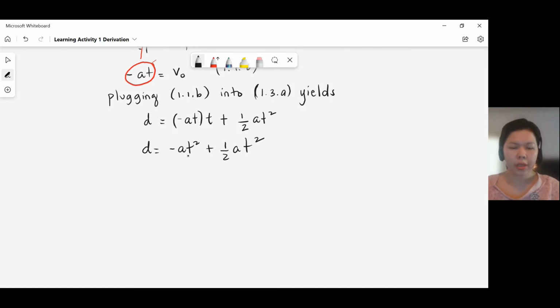Negative AT squared is just like negative 1 AT squared plus 1/2 AT squared. So we can combine the two terms. It will now become negative 1 plus 1/2, it's negative 1/2. Thus, this will become negative 1/2 AT squared.